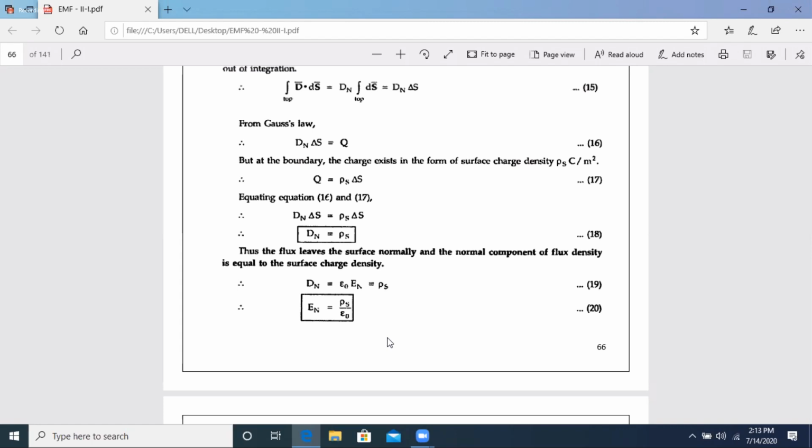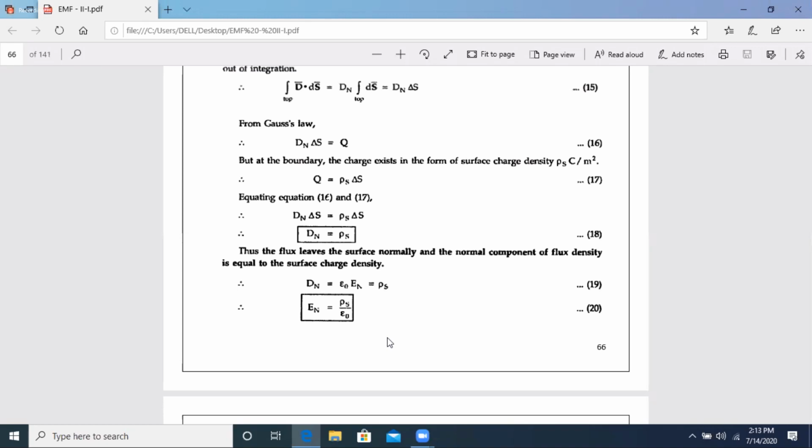would be 9, which is epsilon R1, times epsilon naught times 4AZ.